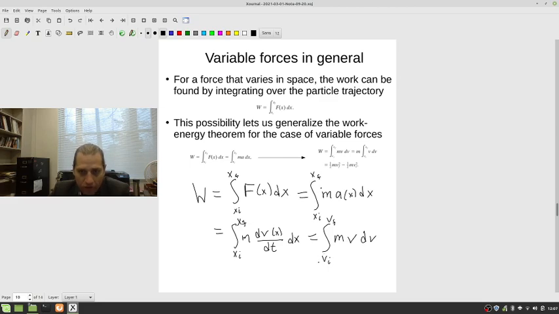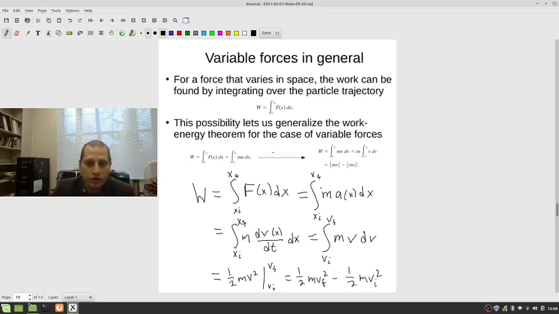Okay, now I go ahead and I do that integral, and I get 1/2 mv squared integrated from v initial to v final, which is in fact just 1/2 m v final squared minus 1/2 m v initial squared.